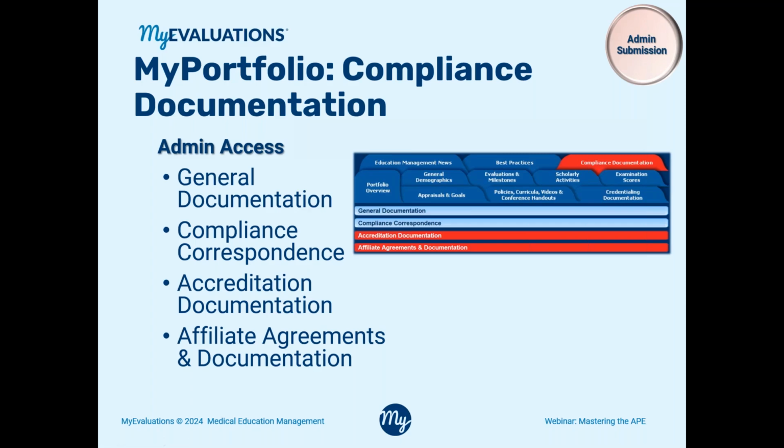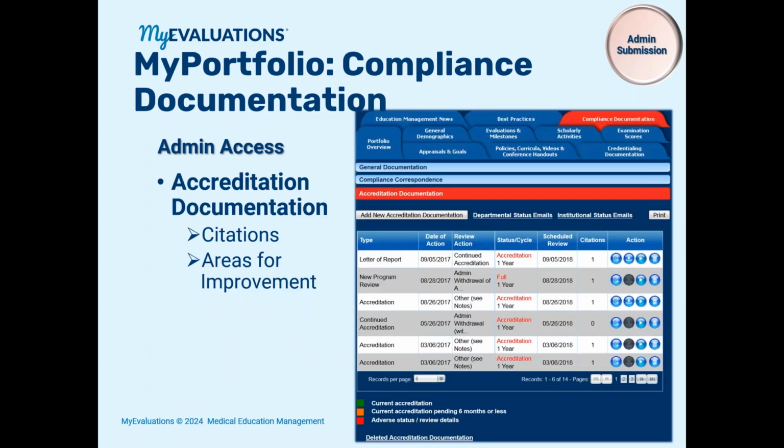The most important component is the accreditation documentation section, where you're able to upload those citations and areas for improvement. That's the key area that I want you to focus on. Just take that PDF you received from the ACGME, upload the document, fill in the fields as I instructed you a minute ago.